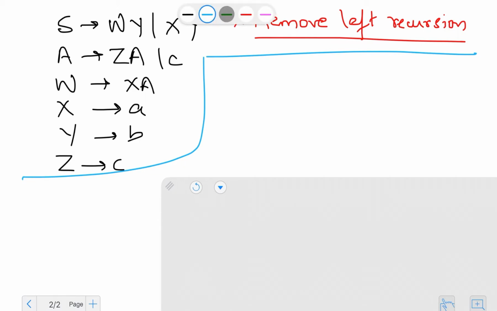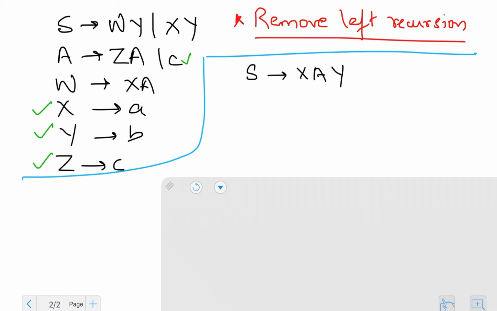I know that these rules are already okay for me. Also, this one is okay, although the first production rule for A isn't. But so I have 4 rules which are already okay for me in the Greibach normal form. So what I'll do is I'll write S goes to, so let's substitute W as XA first, so XAY, and let's substitute X as AY.